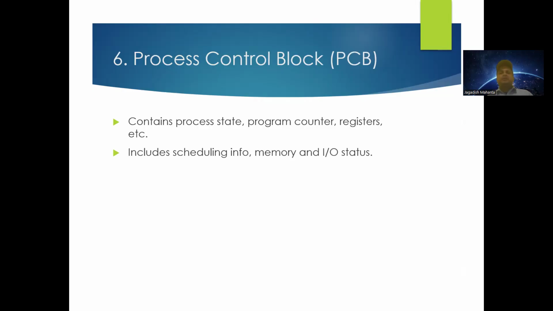Inside the process control block, for each process created, say 100 processes are created, there are 100 different PCB IDs. So from the PCB, we can know which process is in which state, which process is already created, and which process is already executed and has gone out of the entire scenario.